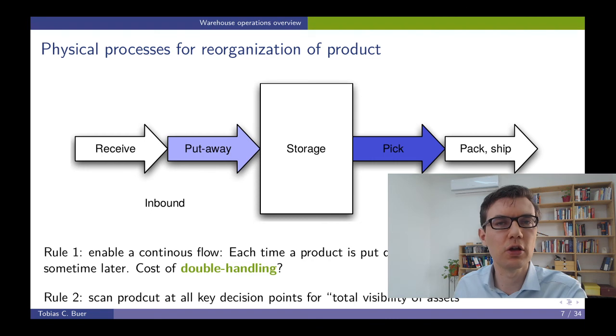So we have a lot of double handling, and we want to avoid this as far as possible. The other thing is, we always need updated information on what's going on with our products. Has the product arrived? Is it stored? Who is taking care of storing the product? Is it picked already? Etc.